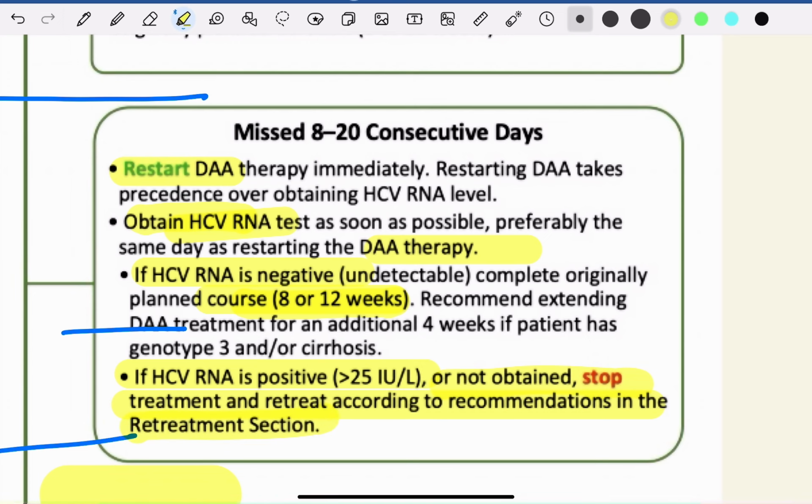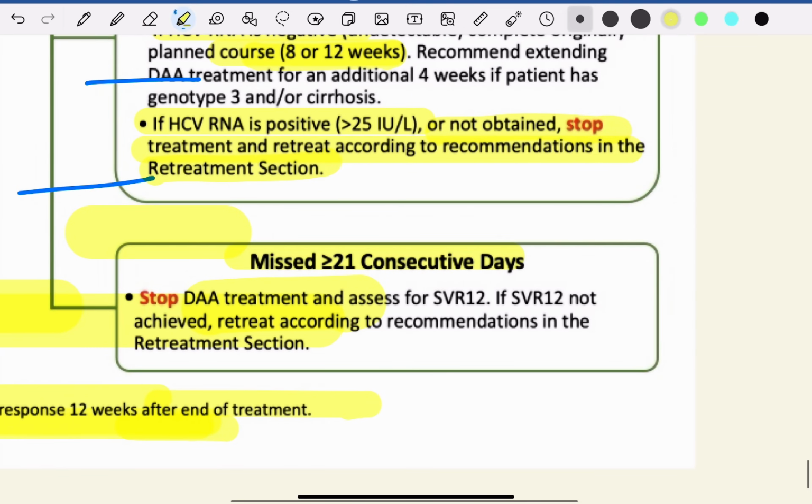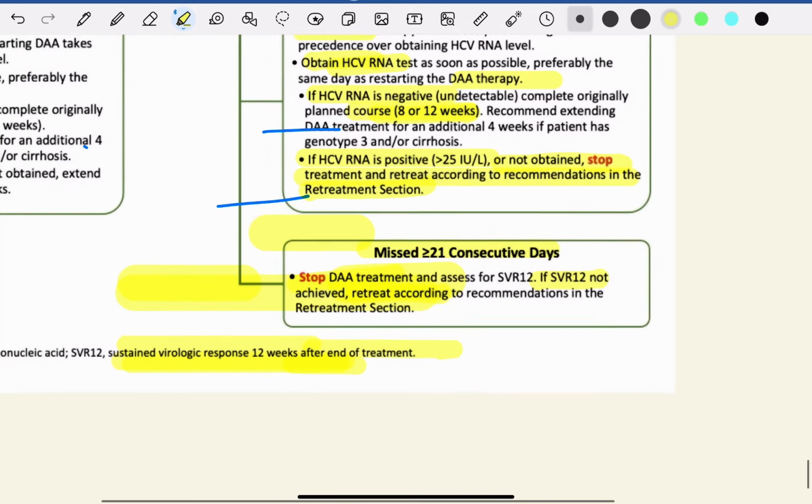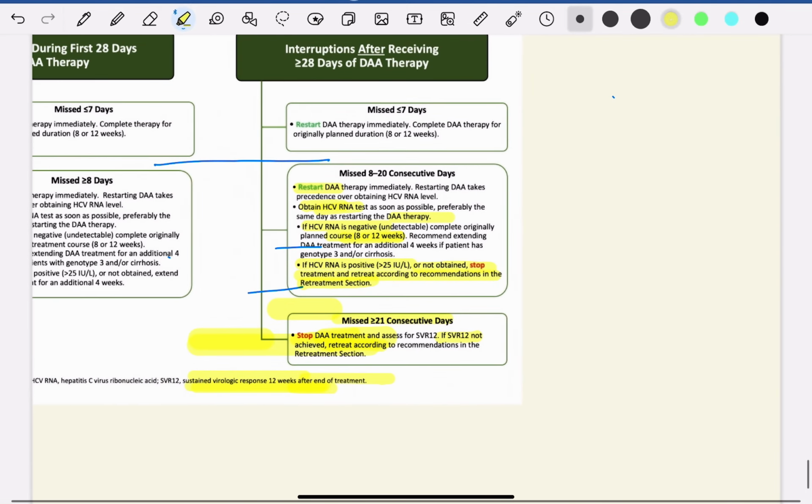What if the patient has missed 21 consecutive days? You have to stop the DAA, and if SVR12 is not achieved, meaning HCV RNA is not negative, you restart the treatment according to the retreatment section. I will talk about the retreatment section later in another video, because it would get confusing here.